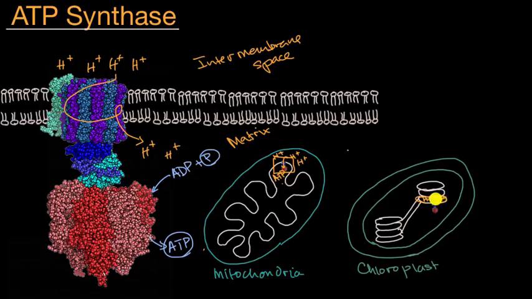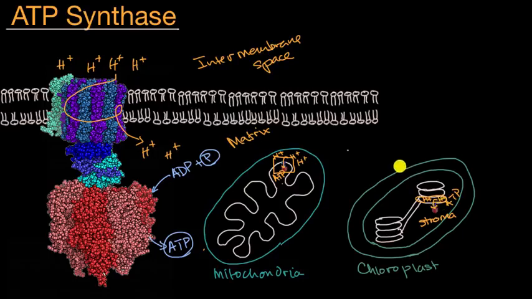But then those protons will travel through the thylakoid membrane through to this area, which is known as the stroma in chloroplasts, and they produce the ATP in the stroma. But then the ATP is used in the second phase of photosynthesis to synthesize carbohydrates, which you could view as one of the end products of photosynthesis.